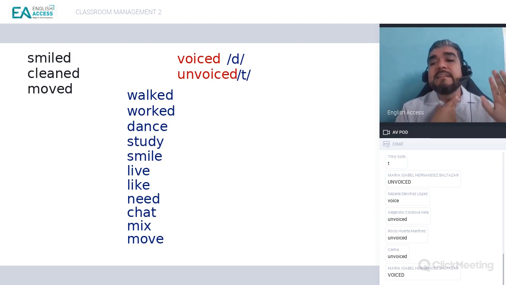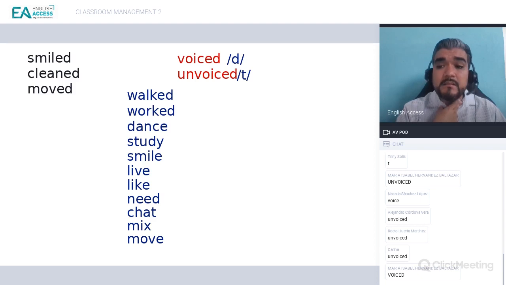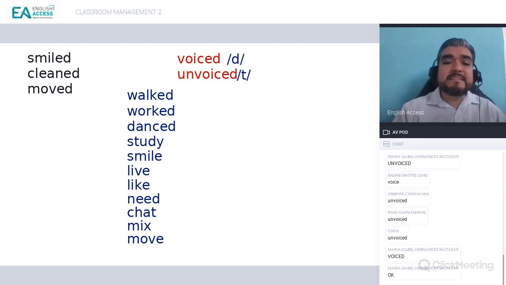In this case, dance, the end, does it vibrate? No, it doesn't vibrate. So this is an unvoiced verb. So since it's unvoiced, in past you say danced, danced, danced. /t/. So we say walked, worked, danced.